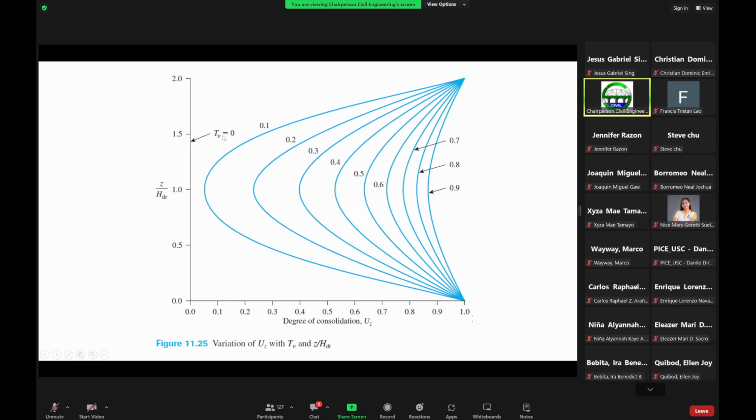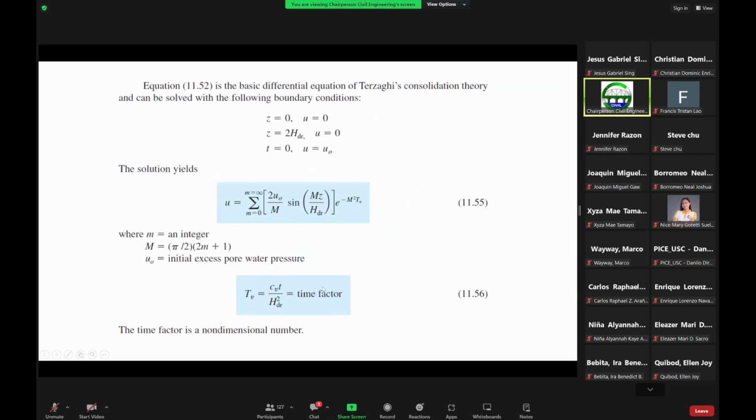Take note, T sub V is your time factor, and from T sub V you can calculate your time.